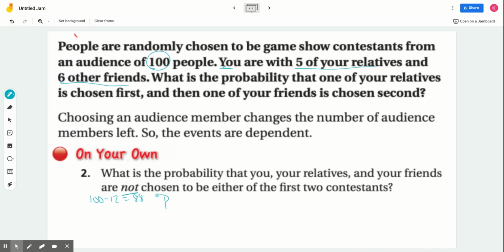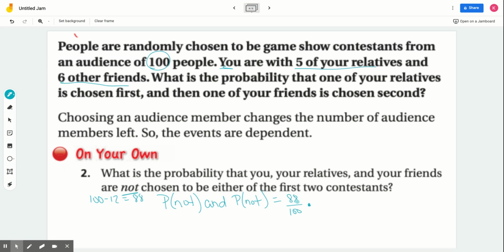So this would be the probability of not, because you're not choosing any of those people listed. So the first time would be 88 out of 100. 88 of those people out of the 100 people in the audience would satisfy this. Now, for the next time, they've chosen one of these people that are not one of your family or friends.